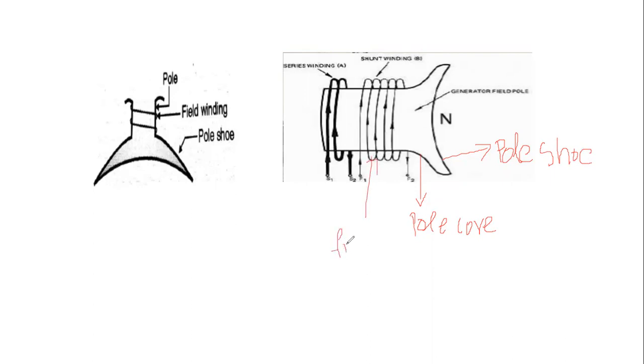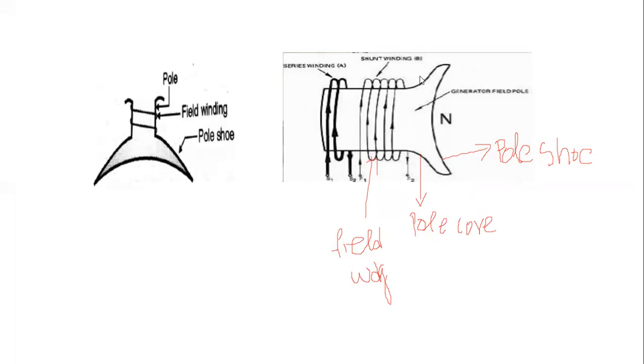The main function of this field winding is to produce the magnetic flux. This field winding is wound on this pole core. This is the construction of a field system. This is the overall constructional diagram for this field system.